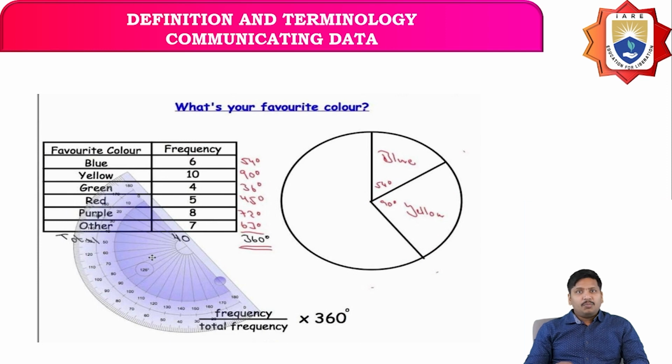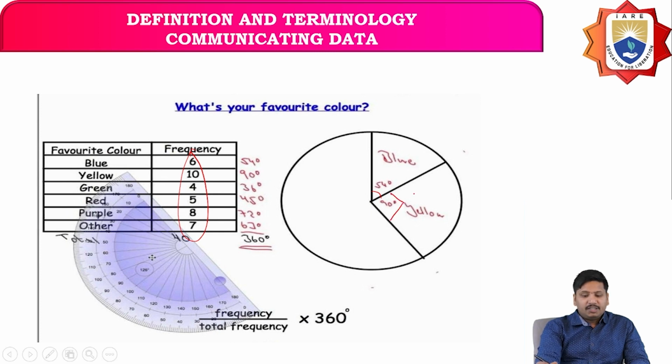So let's take an example of how we're going to construct this pie diagram. First, blue: you have to calculate the frequency by total frequency, that gives 54 degrees, so you have to make 54 degrees.